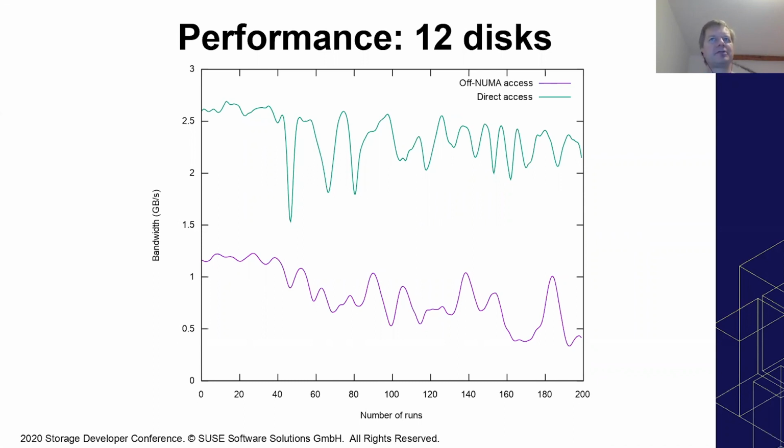And this is what you see here. With the direct access, we do get the expected performance of 2.5 gigabytes per second. But with the off-NUMA access, we are only getting half of the performance, which does explain why there is such a high fluctuation.